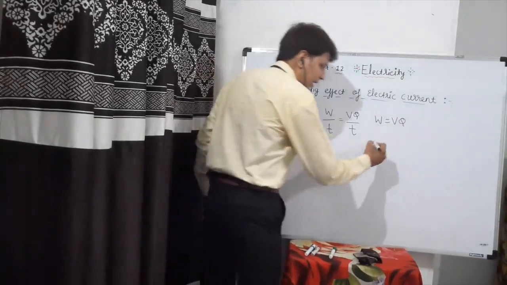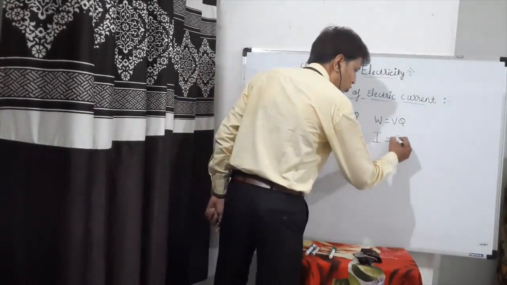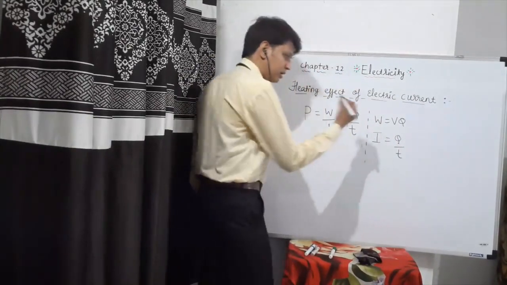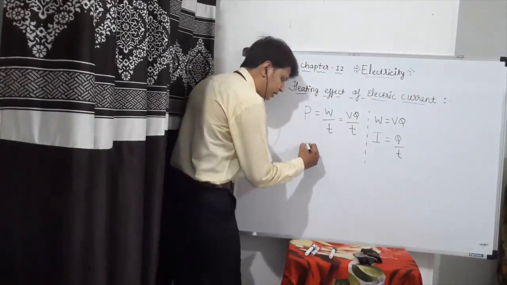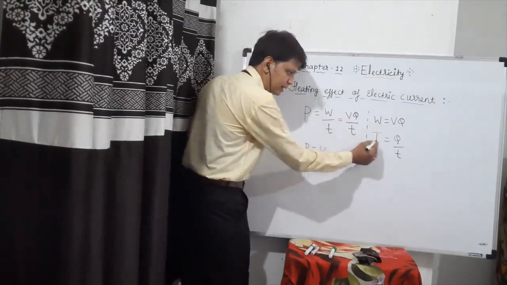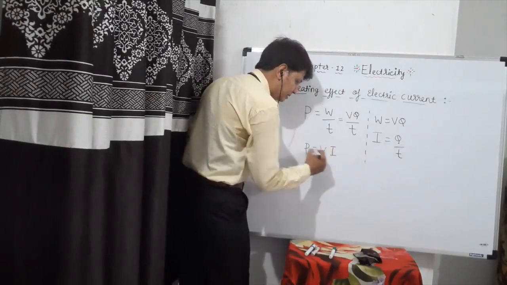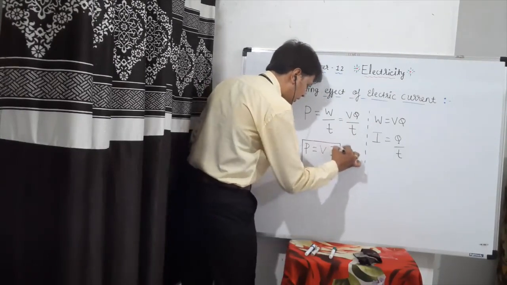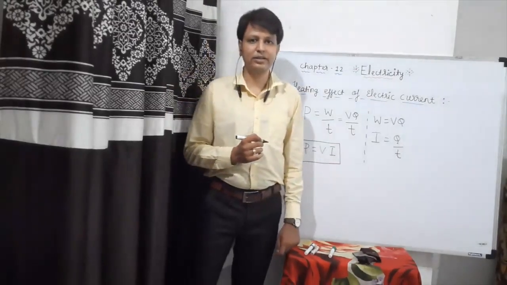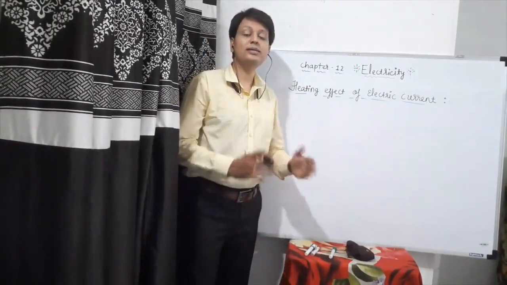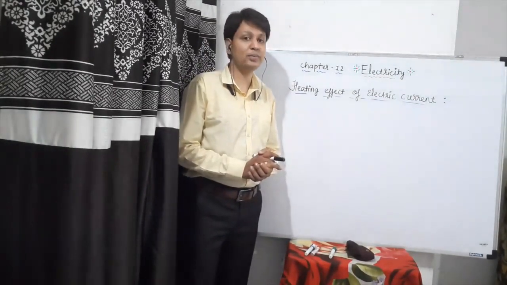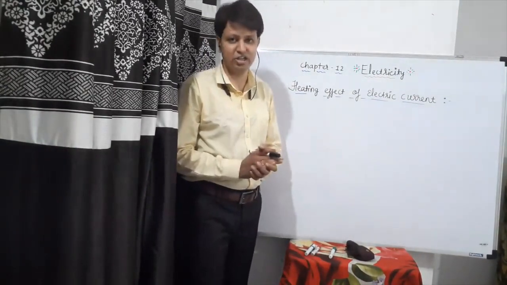So if I say I is equal to Q by t, that we know as current, I can write the equation P will be equal to V into I, since Q by t represents I. This is the input power as per potential difference and electric current. So we can say that energy expended by the source is actually dissipated in the form of heat energy.